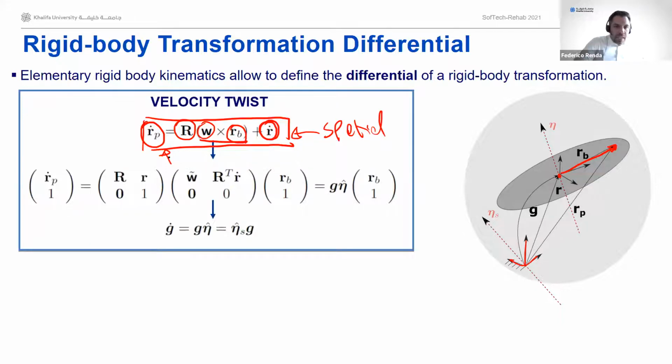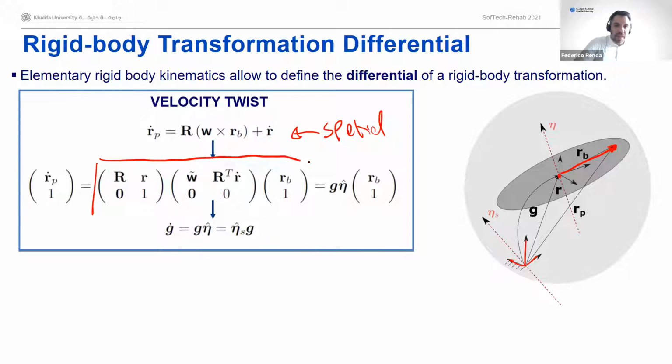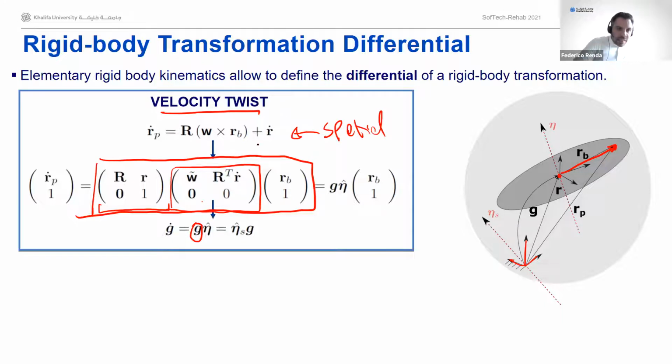Okay, how can we use this expression coming back to our homogeneous matrix notation? This very expression can be expressed with this product of three matrices, where the first one is your original rigid body transformation that defines the position and orientation of your body. These other matrices here we call the velocity twist, where this tilde is such that omega tilde r is equal to omega cross r.